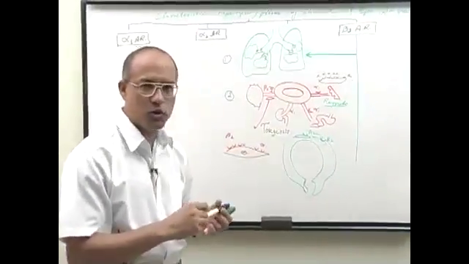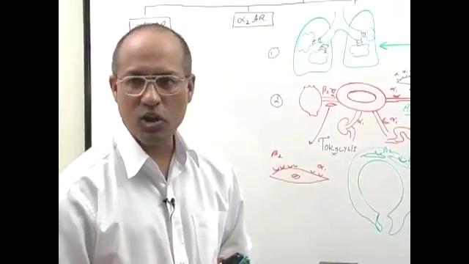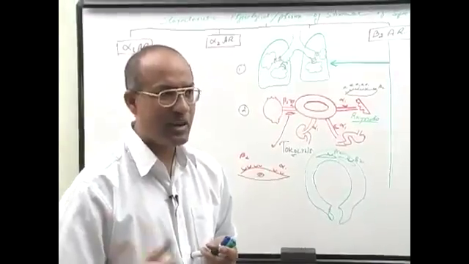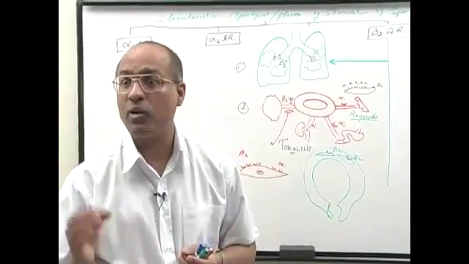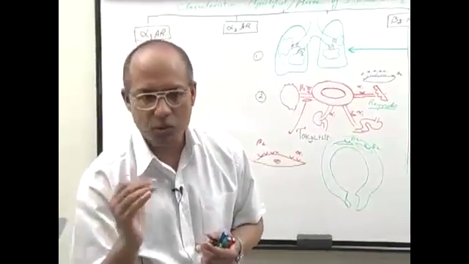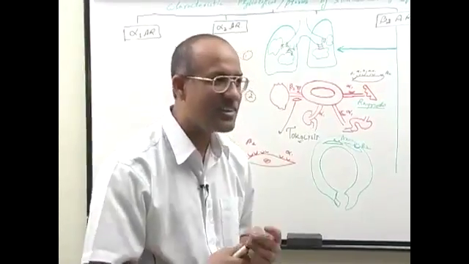Doctors have special tocolytic drugs: ritodrine, albuterol or terbutaline. These are all beta 2 stimulants. Ritodrine specially stimulates the beta 2 receptors on the uterus, right?